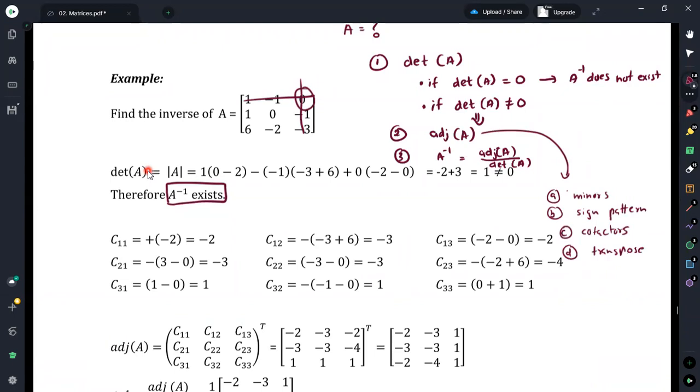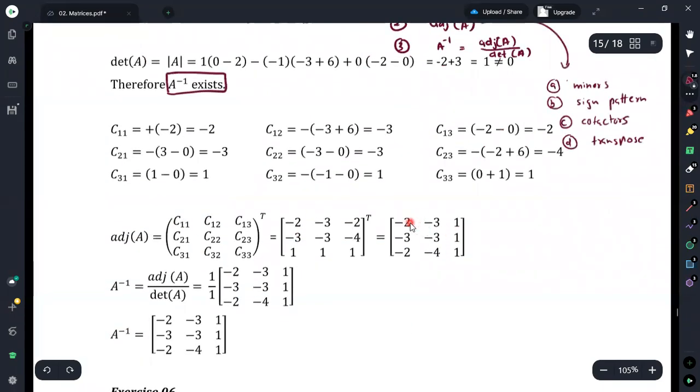Therefore, using these four steps, I have obtained the adjoint matrix as this: minus 2, minus 3, 1, minus 3, minus 3, 1, and minus 2, minus 4, and 1. Therefore, this is the adjoint matrix obtained.